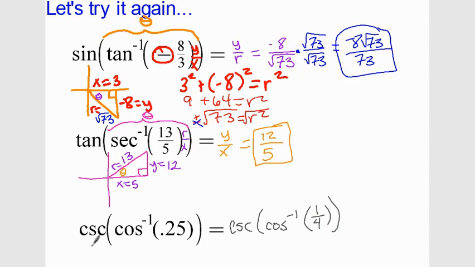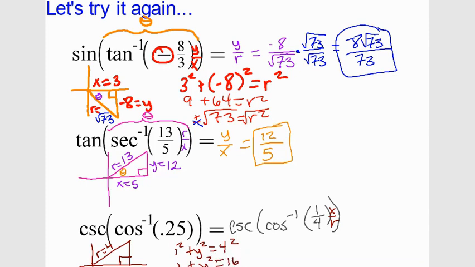Cosine inverse is positive, so we're in quadrant 1 where everything's positive. So cosine we know is x over r. So my x value is 1, and my r value is 4. If we know 2 sides of a right triangle, we can find the third side with the Pythagorean theorem. So 1 squared plus y squared equals 4 squared. So that's just going to be 1 plus y squared equals 16.